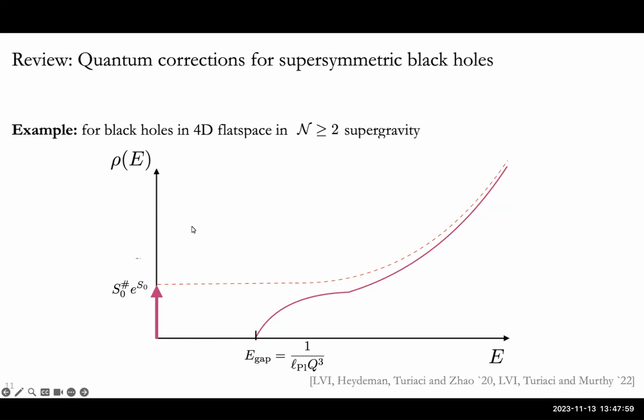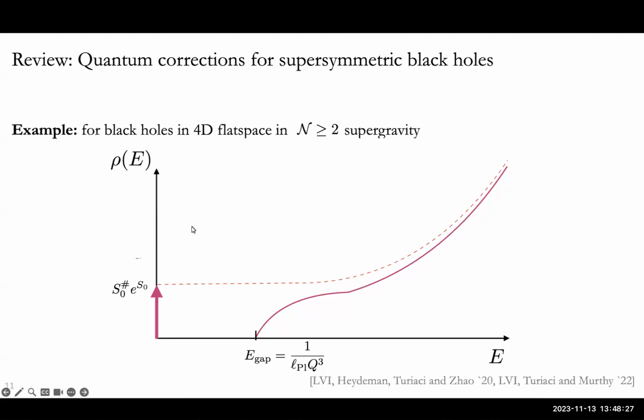Okay, so let's now see what happens. I won't explain the calculation beyond just what I said for black holes in supergravity. But if I do the same calculation and take care of the zero modes that existed at extremality for the metric and gravitino, you now find this modified density of states, where again at high energy, the semi-classical result agrees with the result in which one includes the quantum corrections.